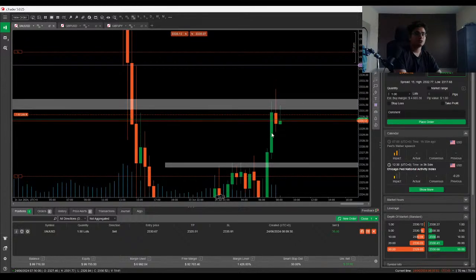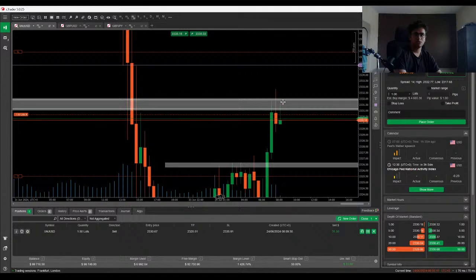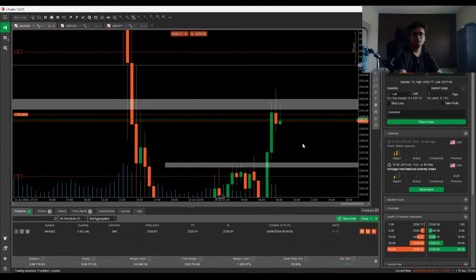If this candle breaks the lows of the previous candle, then I'm going to put my stop loss exactly above this previous high, because that's a valid trade idea then.